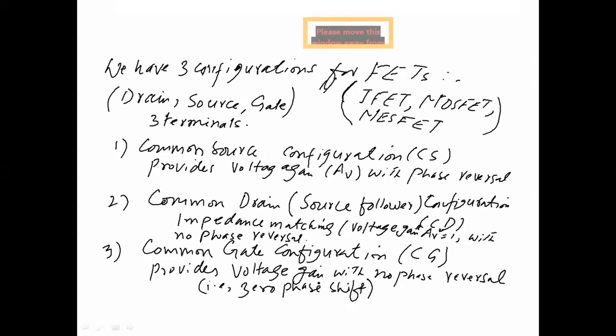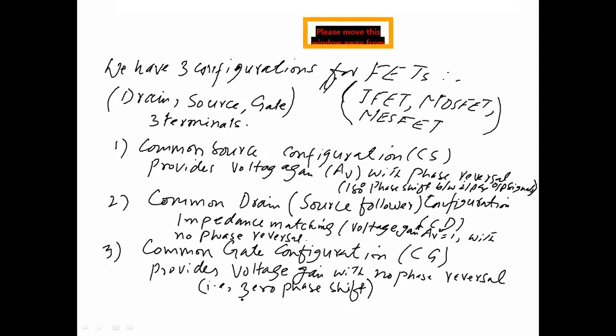So input signal and output signal are in phase. Here, phase reversal means 180 degree phase shift between input and output signal. No phase reversal means zero phase shift.